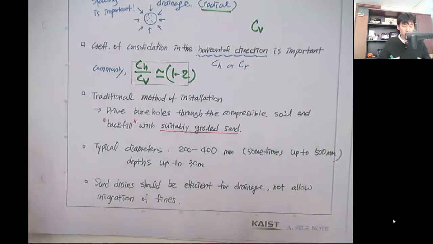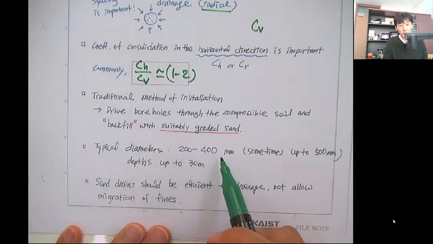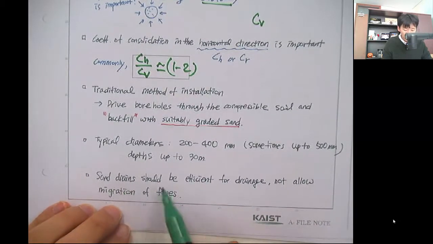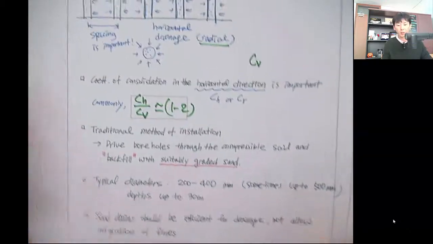The typical diameter of this borehole is about 20 centimeters to 40 centimeters. So it's about this much size, or it can be this big. Sometimes you can install a sand column up to 50 centimeters. Now, sand drains should be efficient for drainage and not allow migration of fines.